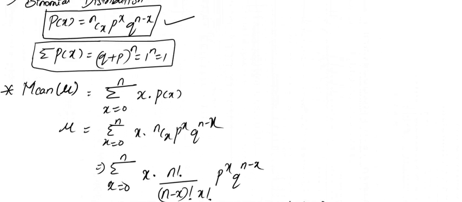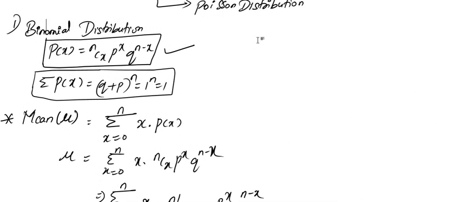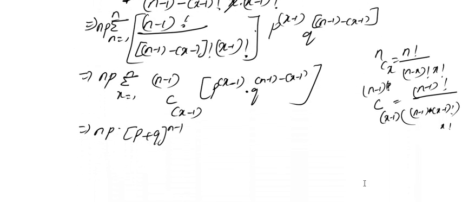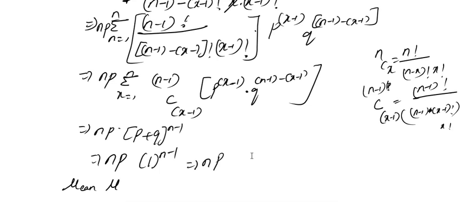If the sum of probability for this formula is (q plus p) power n, means instead of n we have n minus 1, instead of x we have x minus 1. So the sum of probability, because we have summation, is (q plus p) whole power n minus 1. So it is np times (p plus q, happening plus non-happening, which is 1) whole power n minus 1, which I can still write as np. So the mean of binomial distribution is always np. Thanks for watching.